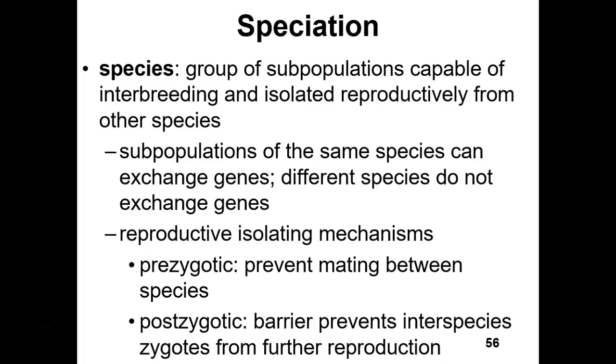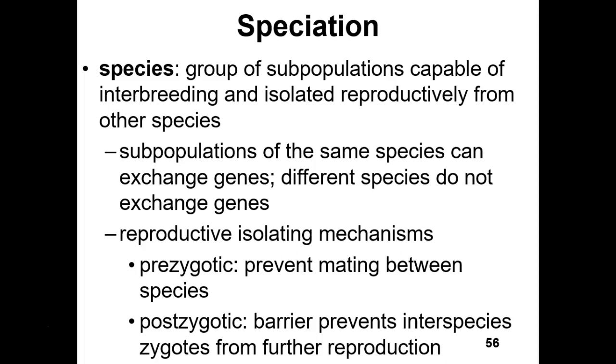So now let's look at what a species really is. A species is a group of subpopulations that are capable of interbreeding, and they are isolated reproductively from other species.